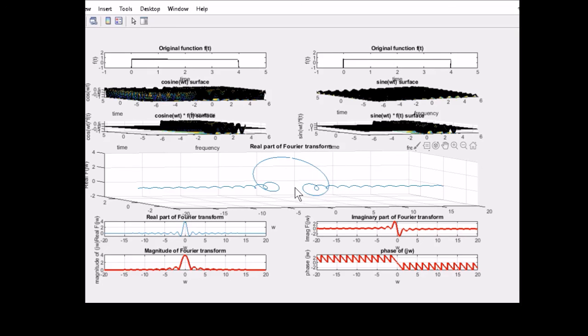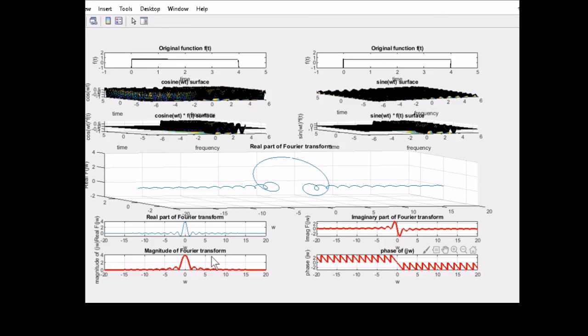So we'd simply be using Pythagoras to get that: the imaginary squared plus the real squared, and the square root would give you the magnitude. And you can see from here what you get is a raised sinc function. And also the phase is generated and shown in a separate phase plot.